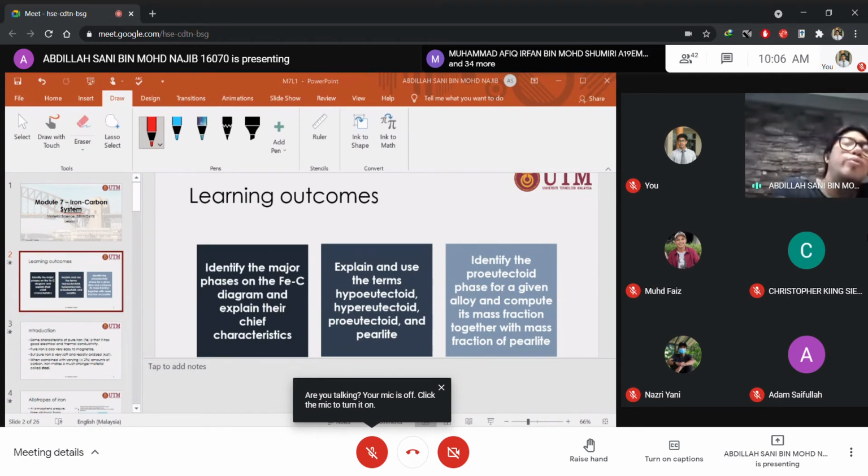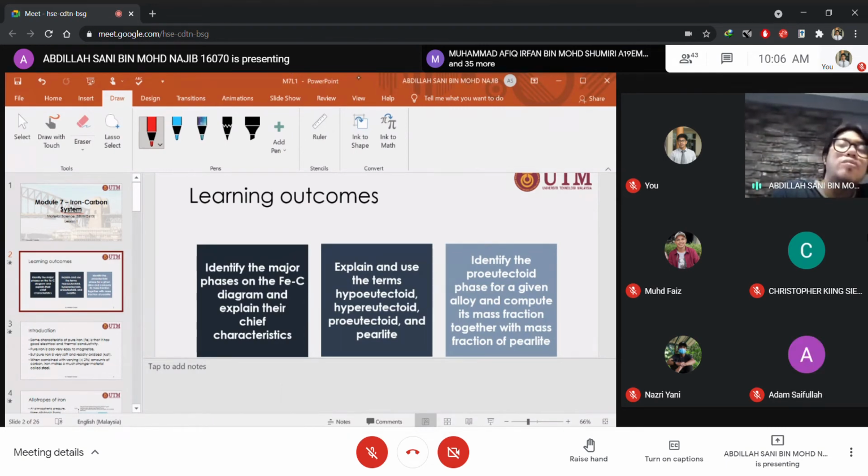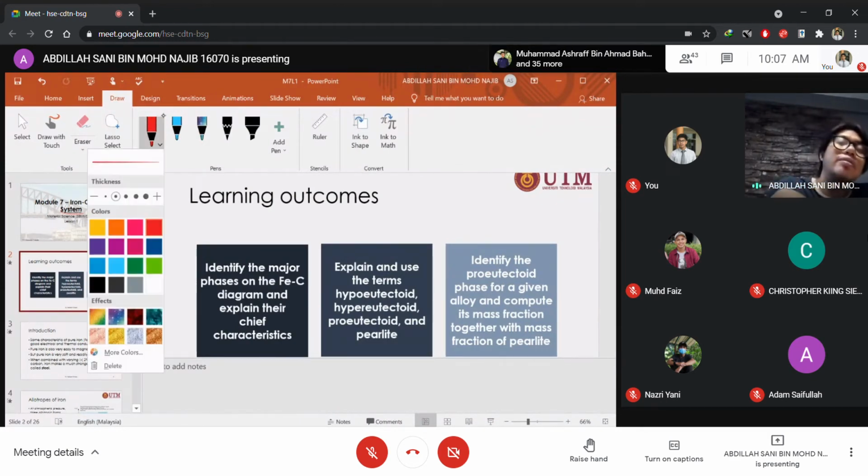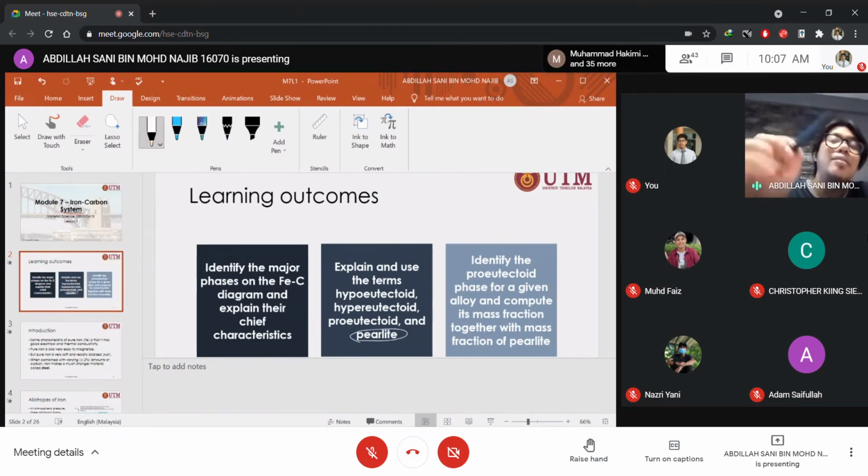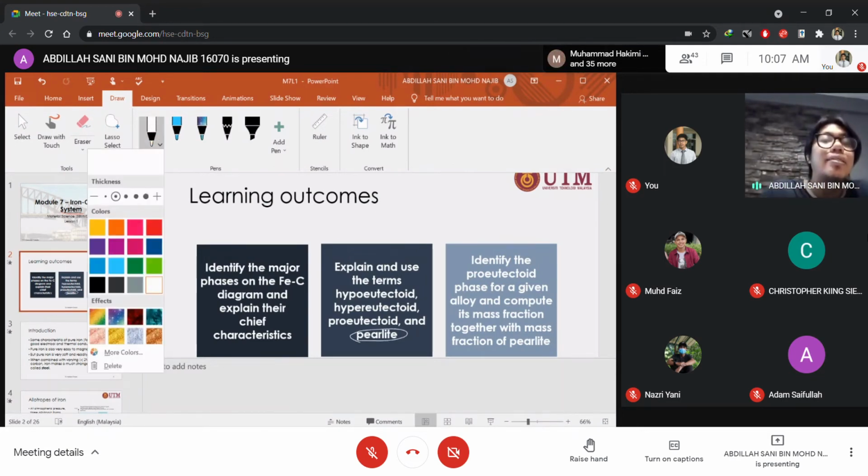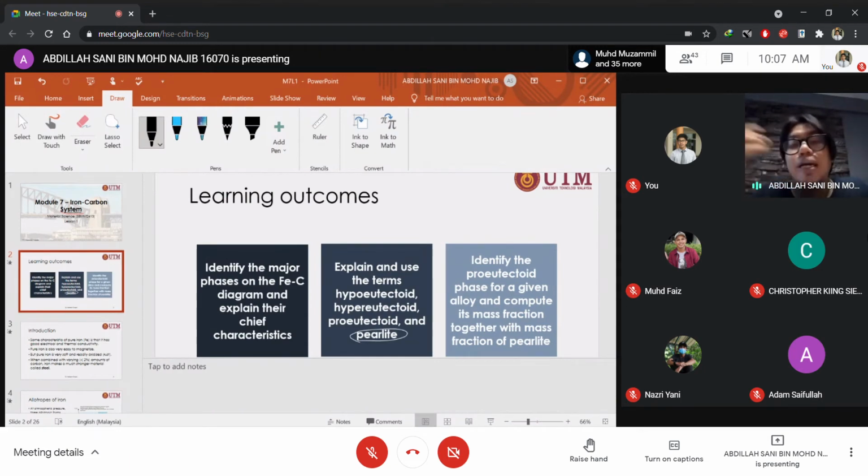And also, we want to have a look at the hypoeutectoid, hypereutectoid, proeutectoid, and pearlite. I guess this one, pearlite, is the first time you hear it. For the others, I think in the last lesson we maybe defined these terms.